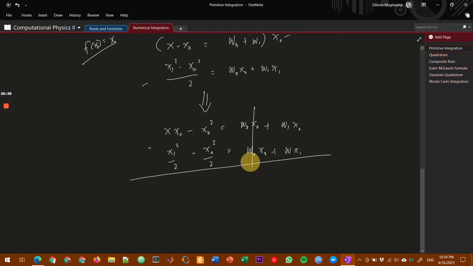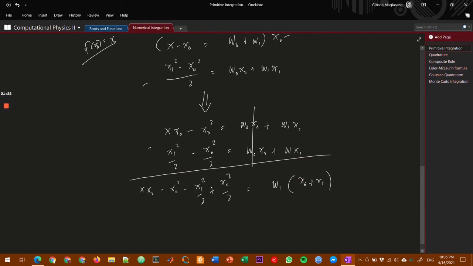So this becomes eliminated, it's gone. What is left is x1 squared over 2 minus x naught squared over 2 equals w1 times x1 minus x naught.